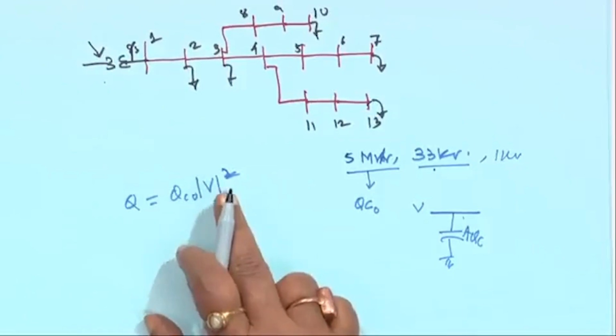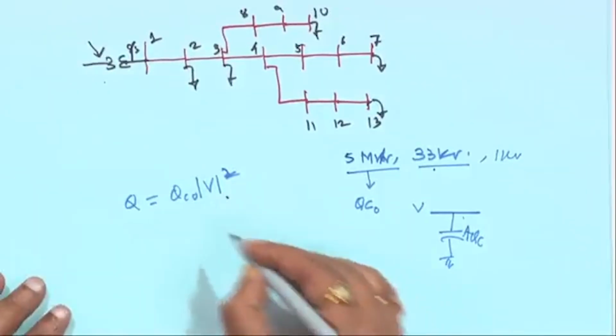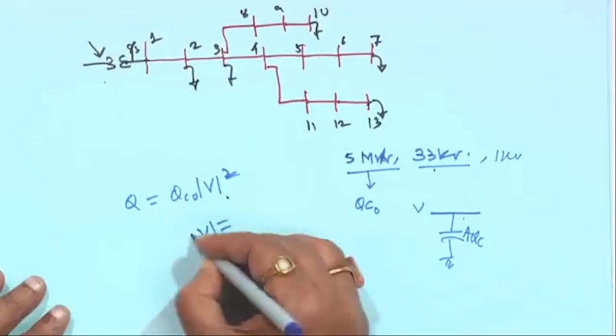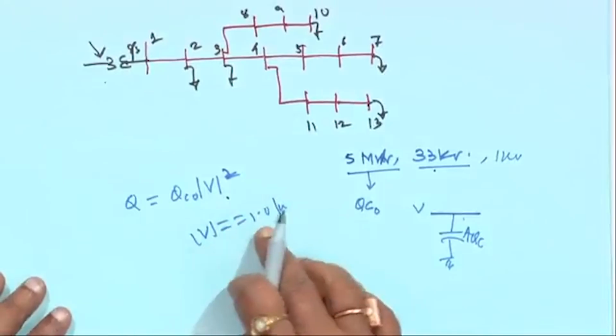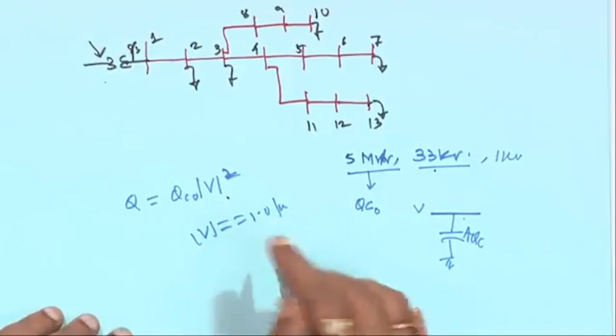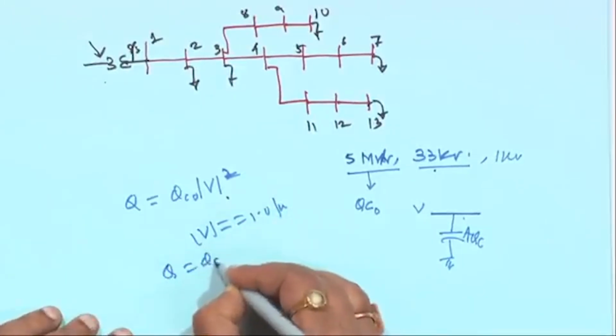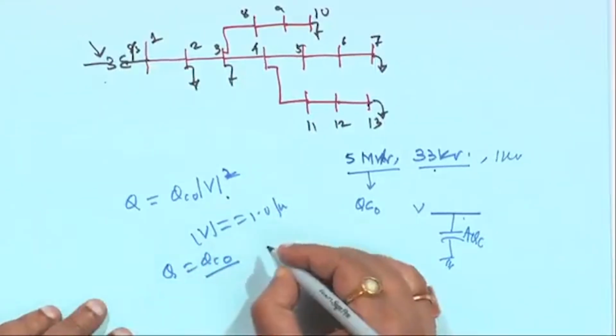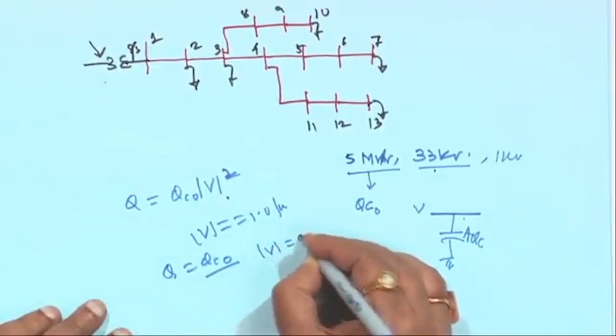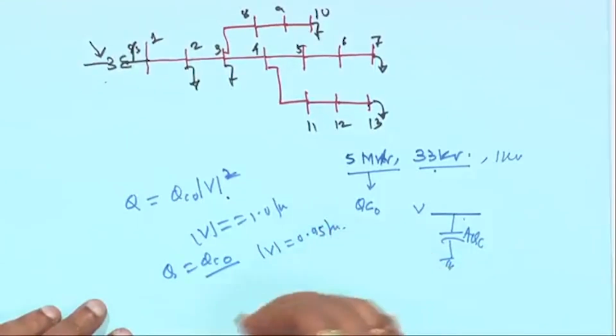So, how will things happen? For example, if |V| is equal to 1.0 per unit, that is 11 kV or 33 kV, then Q is equal to QC0, that means the exact vars will be injected. But suppose |V| at a particular node is 0.95 per unit. Then Q is equal to QC0 times 0.95 squared.